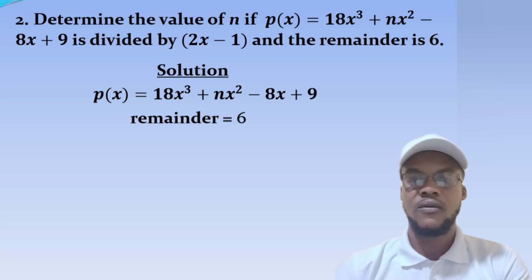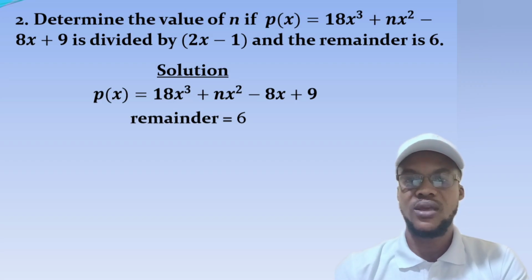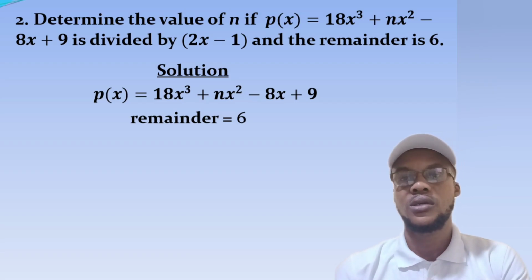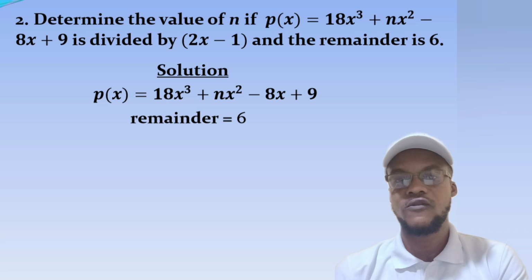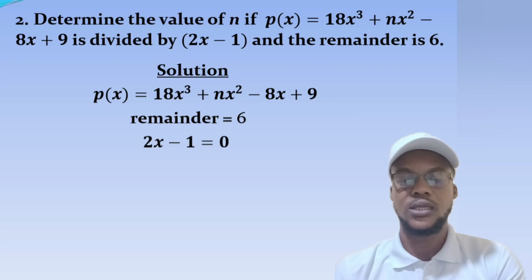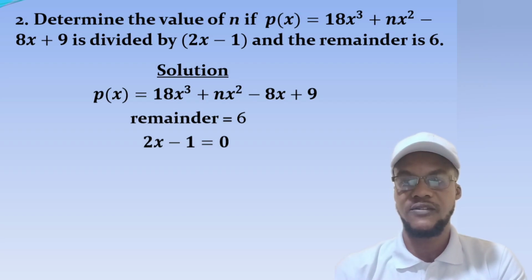For our solution, as I said, once you are given the polynomial function and the remainder, first of all, you need to find the zeros of the divisor, and whatever value you get, you substitute into the polynomial function given.